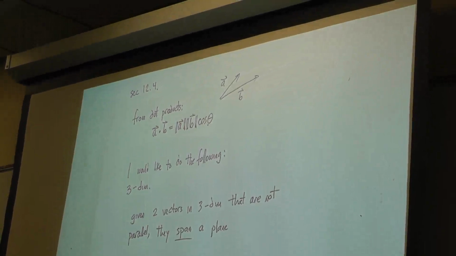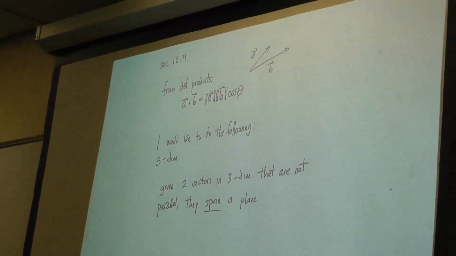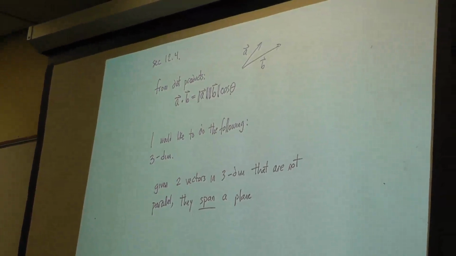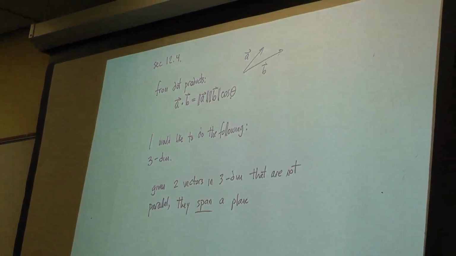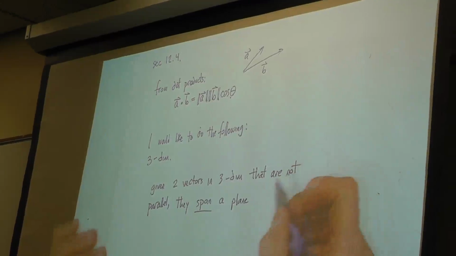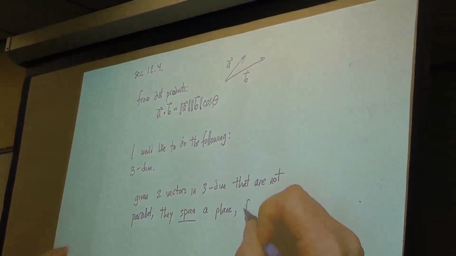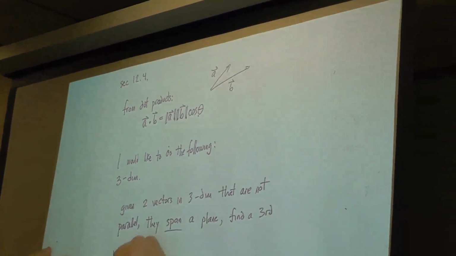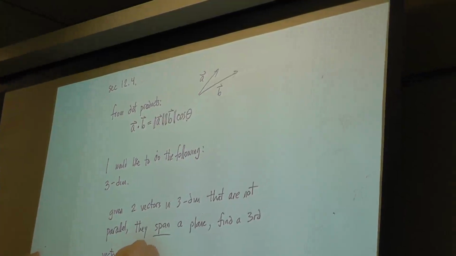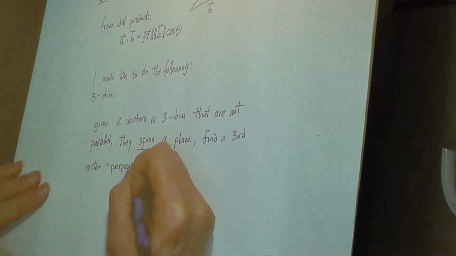I'd like to find a third vector that's perpendicular to that plane. Or worded another way, well, let me write that down. So, find a third vector, and I'm going to put perpendicular in quotes because it's not the proper word.